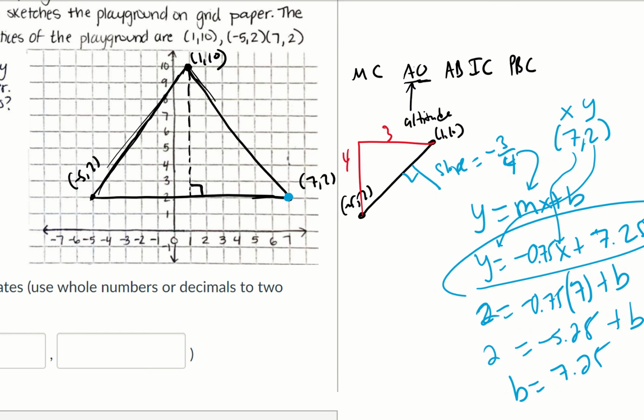We know that the slope has to be negative 4 over 3, so that means we're going to go, or negative 3 over 4 rather. So I'm going to go up 3, left 4. 1, 2, 3, 4 over here. Up 3, left 4 again. And then we'll connect those the best we can.